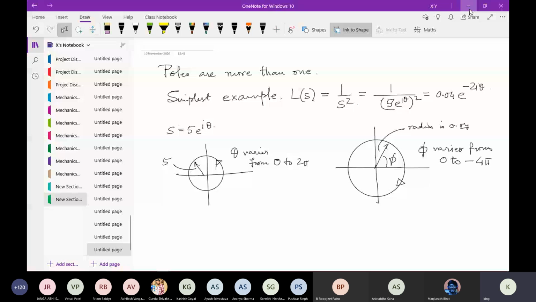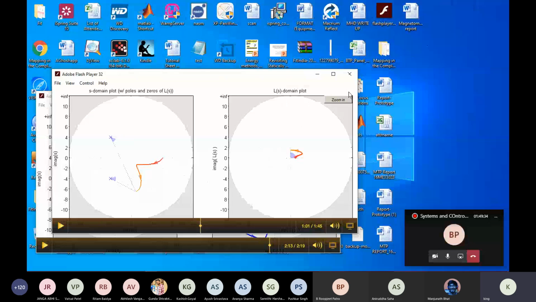If you are having poles, then if you are moving clockwise, you are going to move counterclockwise in your output, and the number of times you enclose your origin will depend on the number of poles that you are enclosing. So one is in the positive sense, another is in the negative sense.